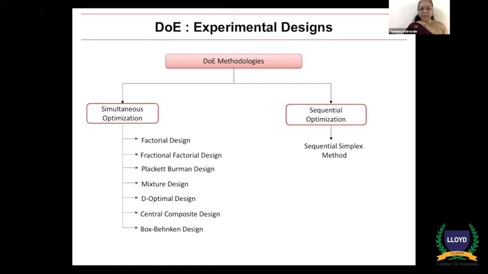but industry is majorly using, if it is possible, if you have less number of factors, go for full factorial design. If the number of factors is more, industry is using either Box-Behnken or central composite design, and you'll know why.